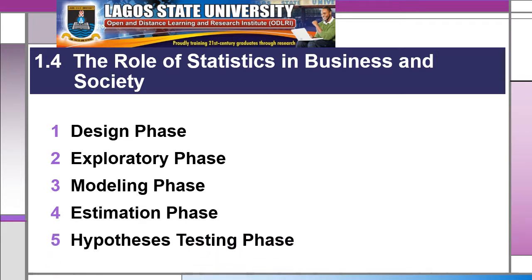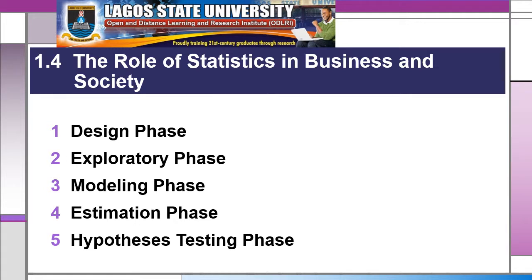These phases are usually gone through in the performance of statistical function. For instance, if you take business and you want to apply statistics to an area of business, then you are most likely going to go through these 5 phases.